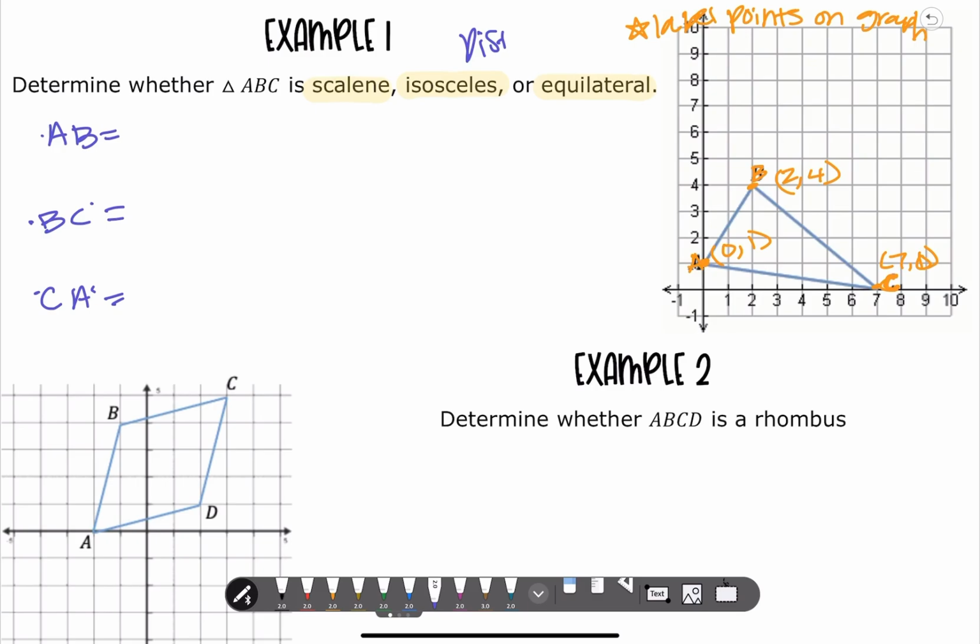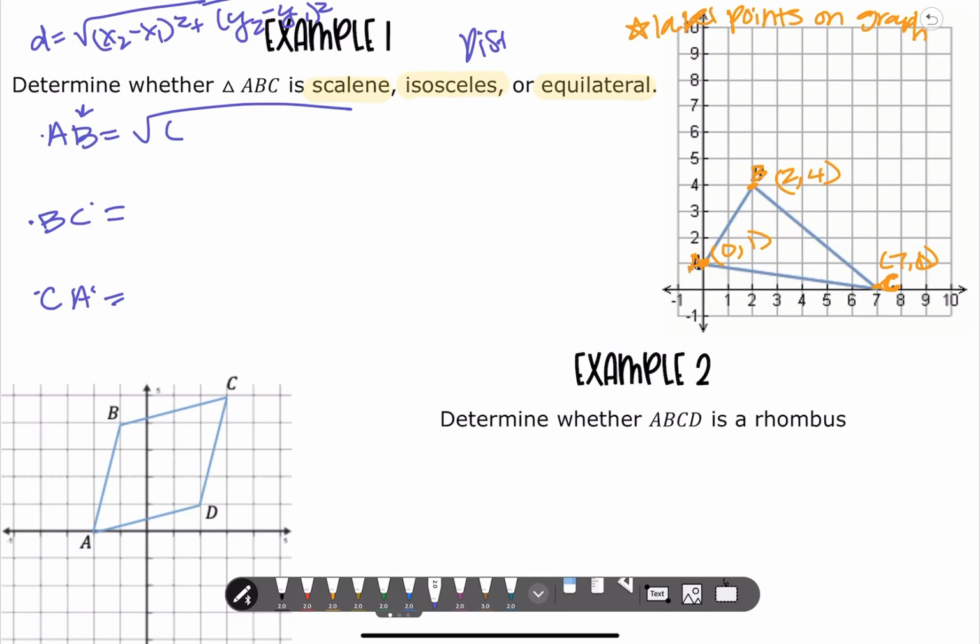Remember that our formula for this is x2 minus x1 squared plus y2 minus y1 squared. So I'm going to go with my second point being my x2 and y2.